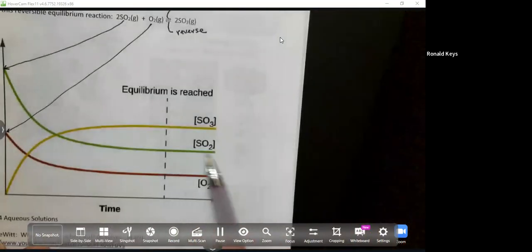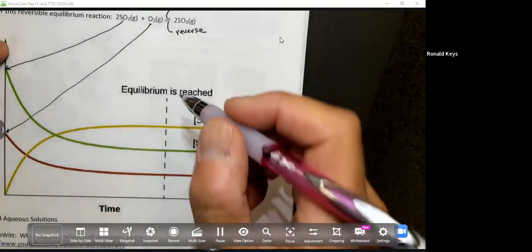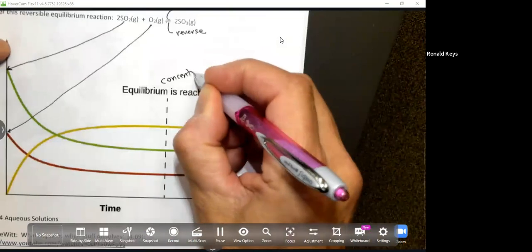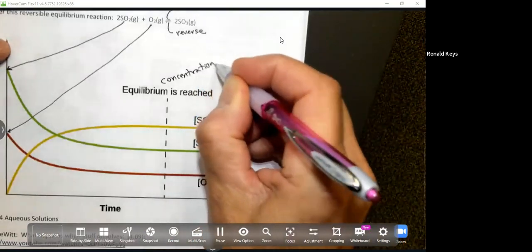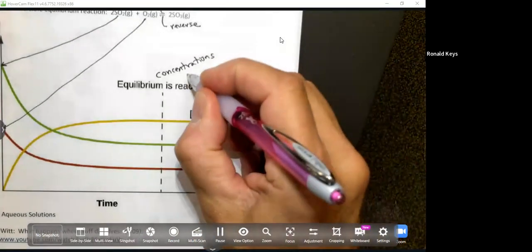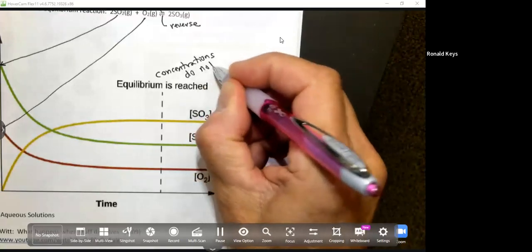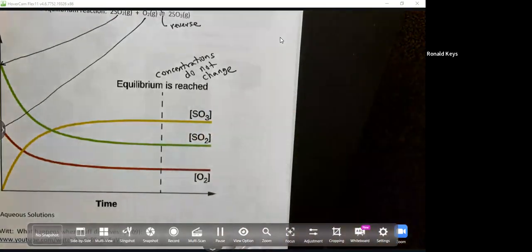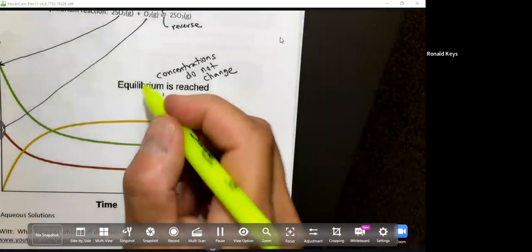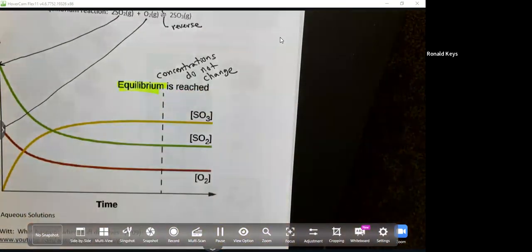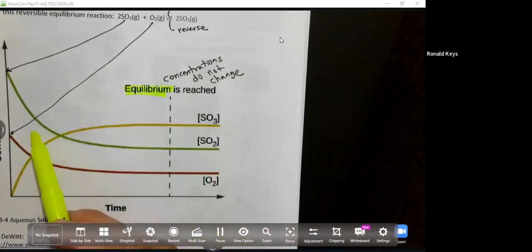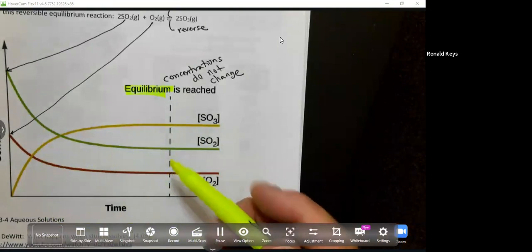It eventually flatlines. When it flatlines, the concentrations do not change. We say that we have reached equilibrium. The concentrations are constant. They do not change.